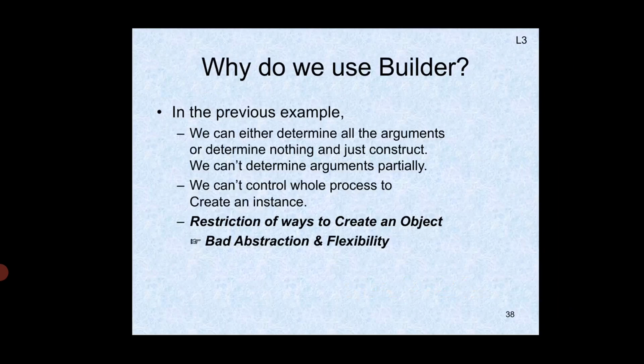That's why the restriction on the ways we can create an object is nothing but bad abstraction of construction and flexibility. It should provide a flexible solution to various problems in object oriented programming, but there is a restriction on the ways we can create an object.